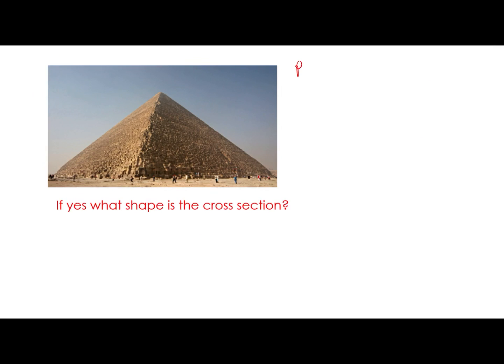Right, what about this? Is this a prism? Well, first of all, what shape is it? It's a pyramid. Is it a prism? No, it's not a prism, because where would you cut so that the shape you're looking at is always the same?